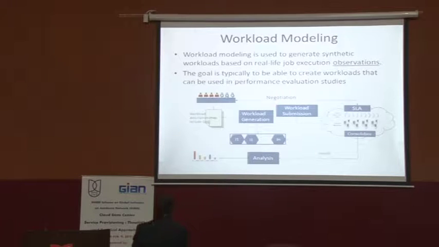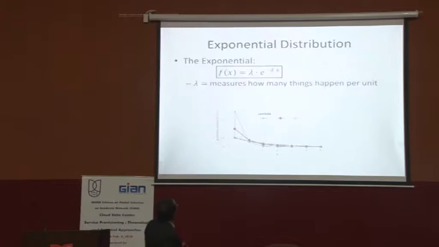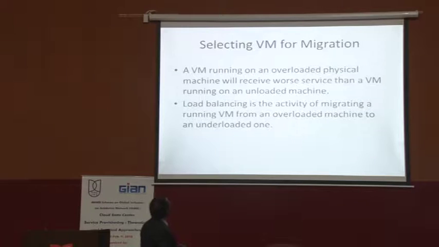Okay, so when you do cloud computing scheduling, you need this. It has to be there, because of the dynamic environment you are modeling. Selecting a virtual machine for migration is a very big problem. It's a PhD problem. A virtual machine running on an overloaded physical machine will receive very bad service.